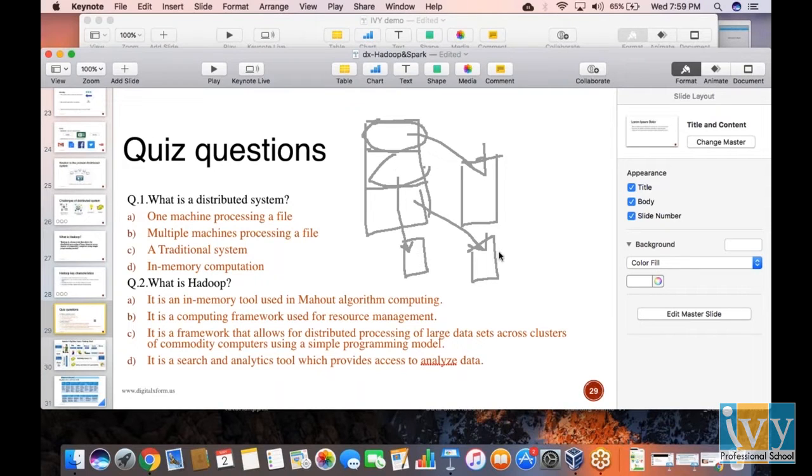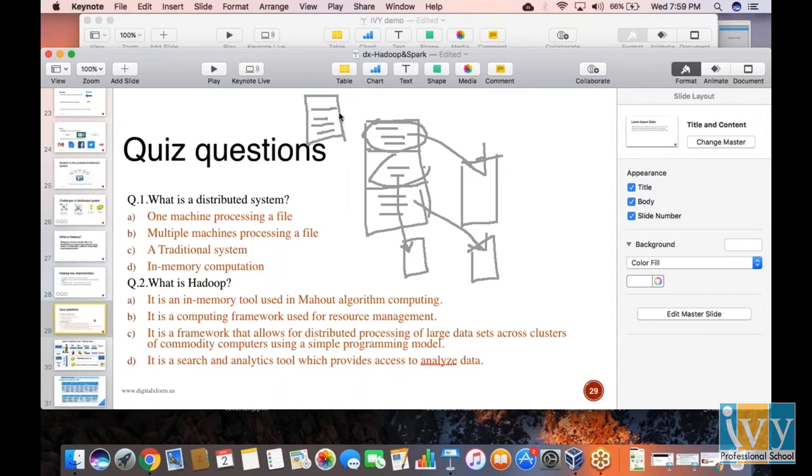Now suppose this data is stored in this file and you want to do some processing. Say you want to count the number of occurrences of words, how many times they have occurred. So you write a Java program, and in it you write the logic of how to count the number of words. That is what processing is.